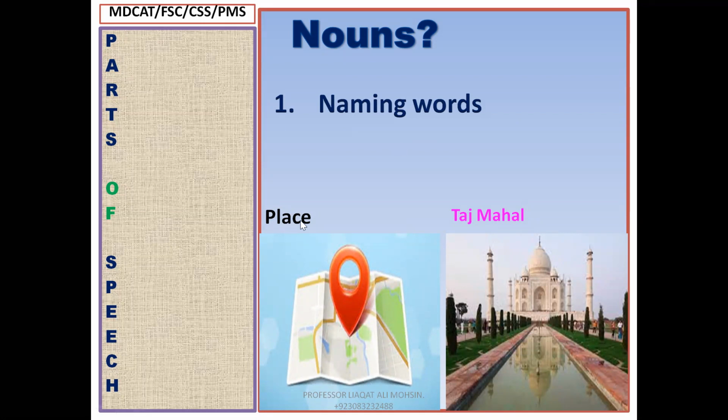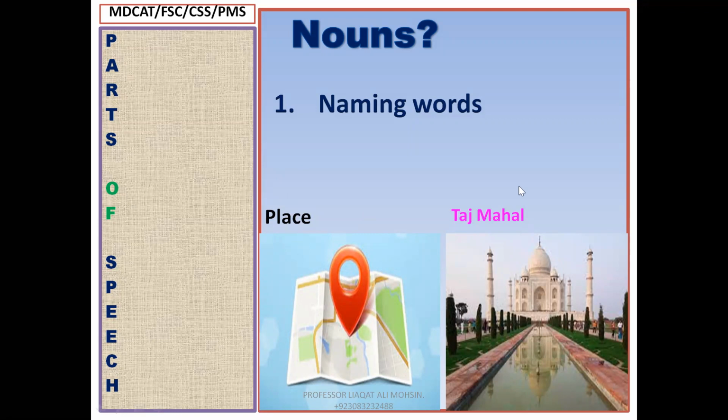Place can indicate any type of similar thing. The word which indicates the type of a thing is called a common noun. But the noun which is indicating a specific place is a proper noun.